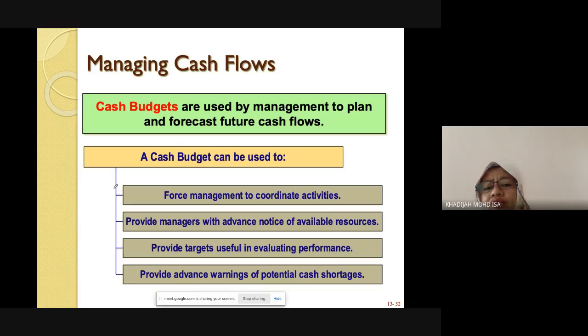You can use a cash budget to force management to coordinate activities. When you prepare your cash budget, you will see in the following month how much cash is expected, how much is the forecast cash received and cash payment. If based on the cash budget you know that how much cash available is very minimal, then you have to do something about it.